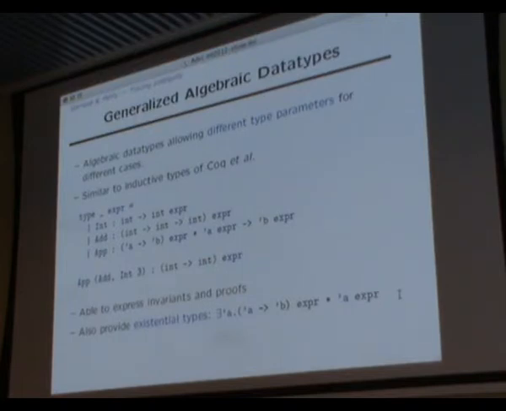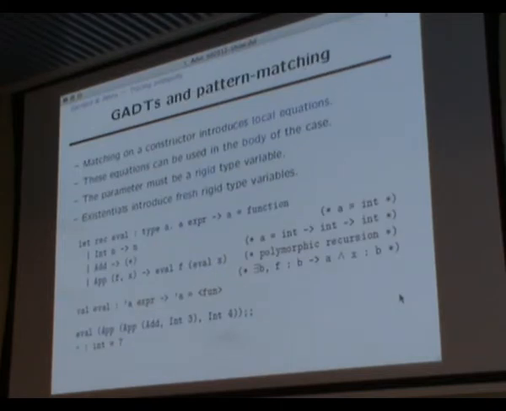Here I've just given you the definition, but of course the interesting part is when you are going to analyze your values. Of course they are in OCaml 4.0. And the interesting aspect of GADTs is pattern matching.